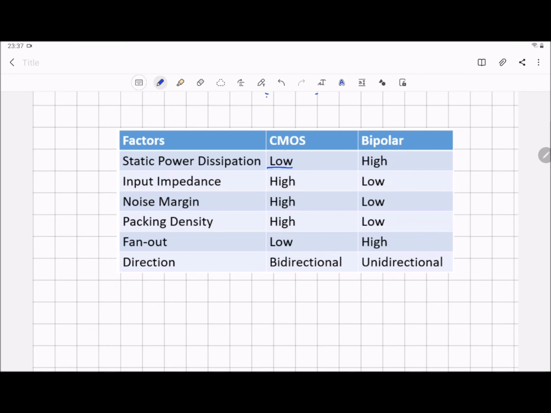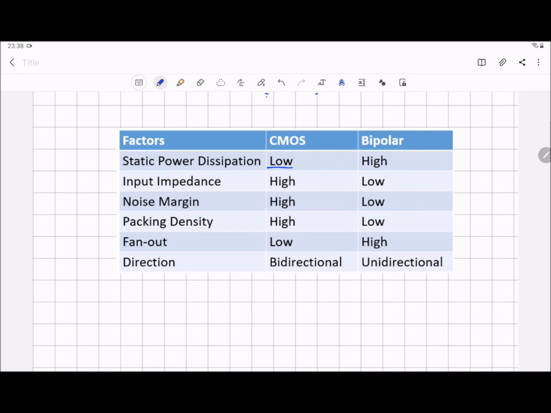In CMOS logic we are using MOSFETs, where the channel is isolated from the gate using SiO2, a dielectric material, so it offers high input impedance compared to bipolar logic. CMOS logic offers a high noise margin compared to bipolar logic.